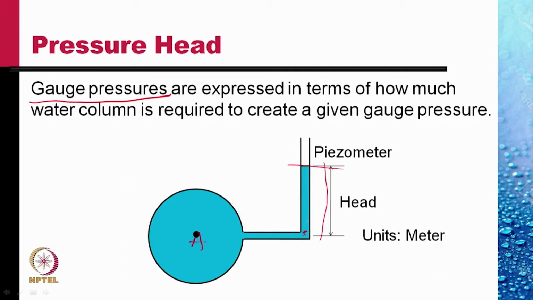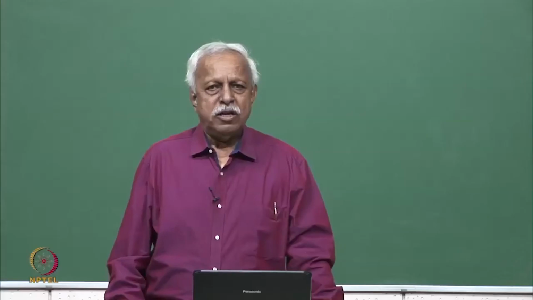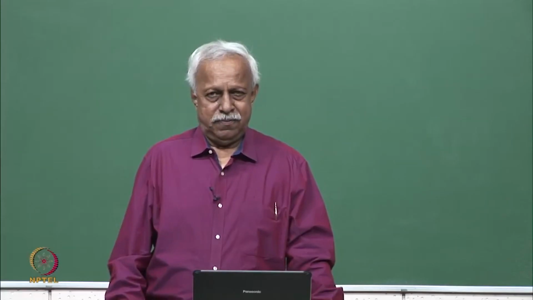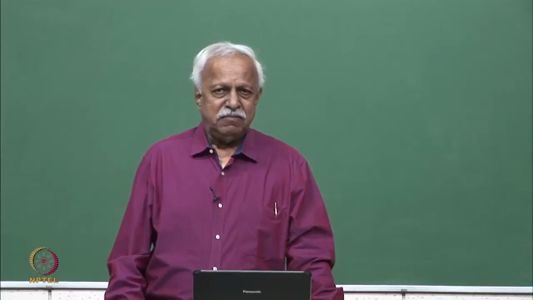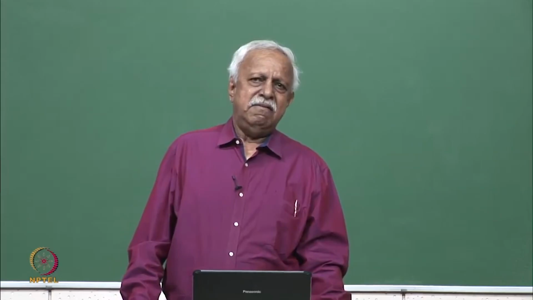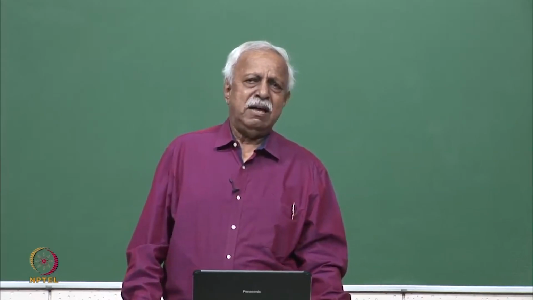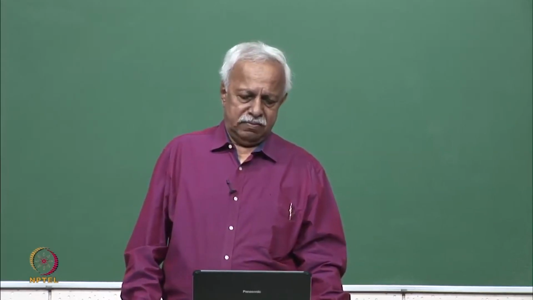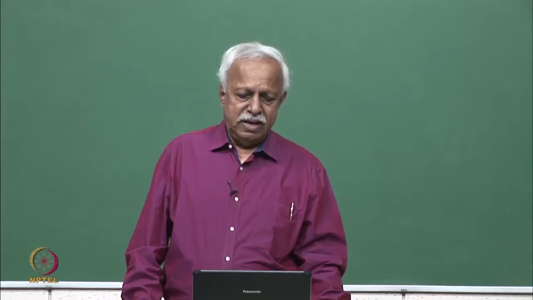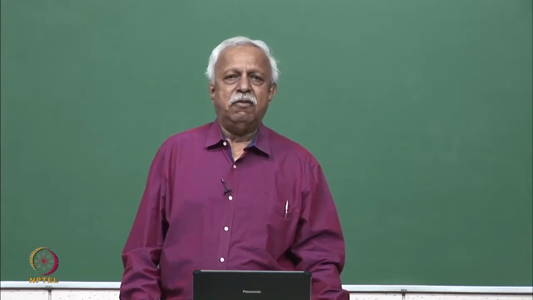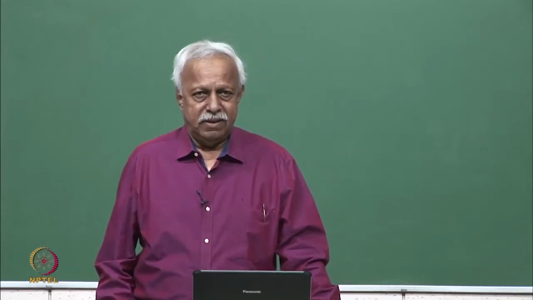Because these are at the same horizontal level. So if we specify head, then we know that the pressure is rho g h. While specifying the pressure as head, we have to specify what fluid. So if the fluid is water, this is h meter of water. That is the head.